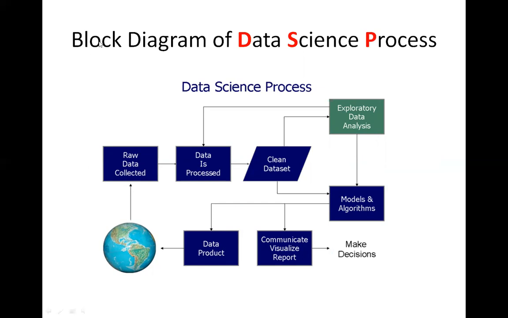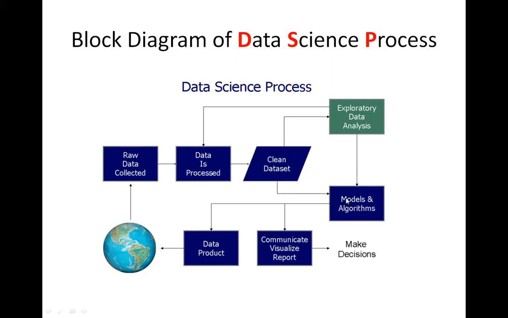Here data is processed. And before data is processed, it must be cleaned. The data set should be clean. And then the exploratory data analysis. Once the data is clean, it can be applied for exploratory data analysis. After analysis, you can have the model, the algorithm.